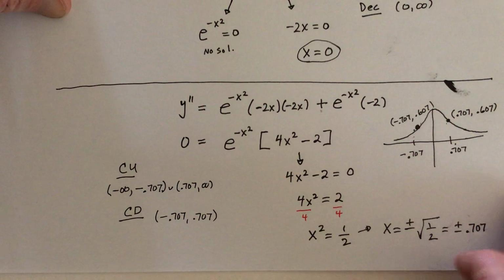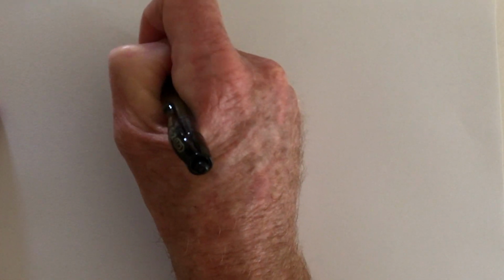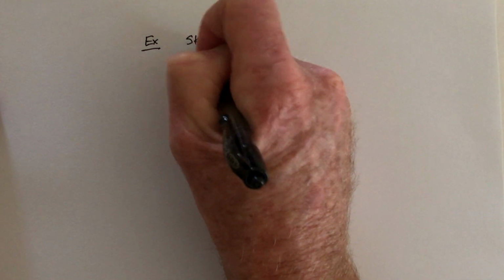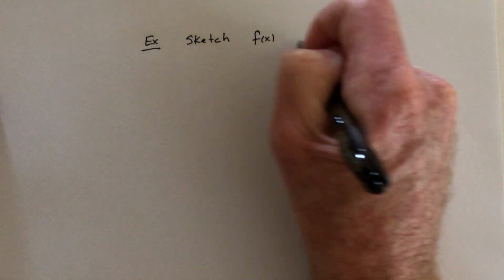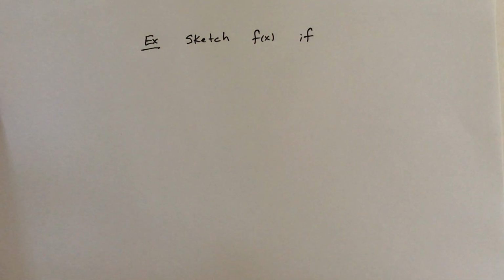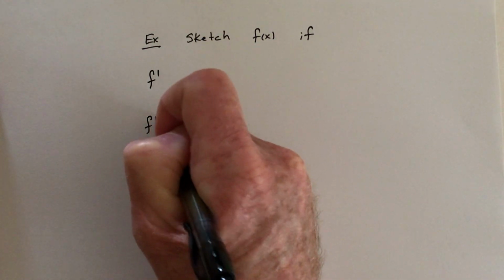Okay, then there's just one other example that I wanted to do. This one is example number 5. So basically, what if you knew the information about the derivative and also the second derivative?